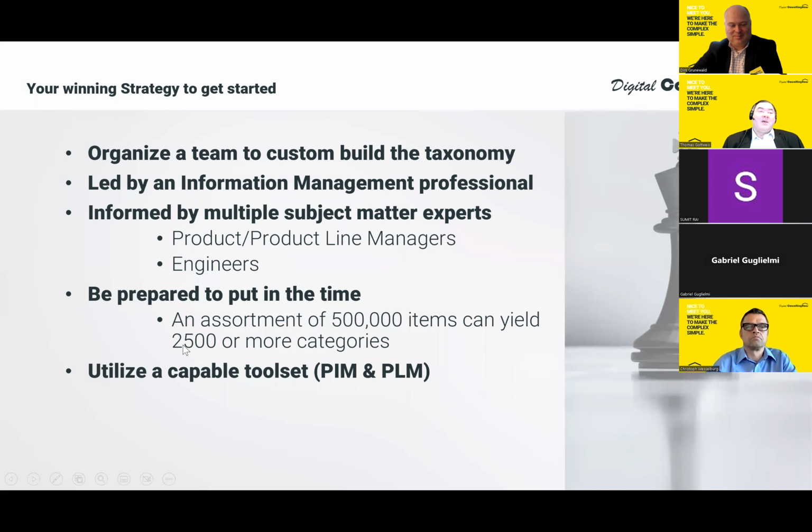And clearly, utilizing a capable tool set in order to do that is a real benefit. This is particularly true when you've got larger collections of items. Excel spreadsheets just aren't going to do it for you. Next slide, please.